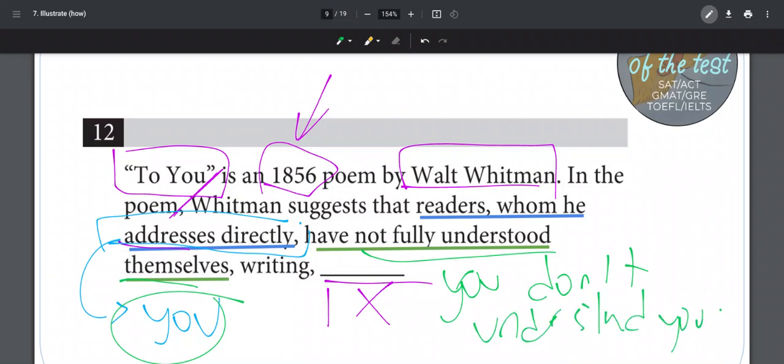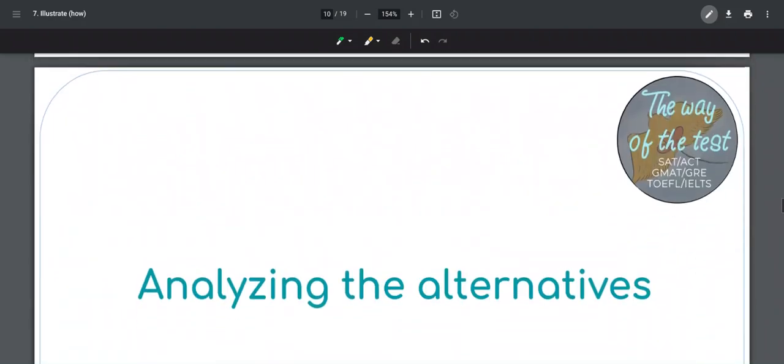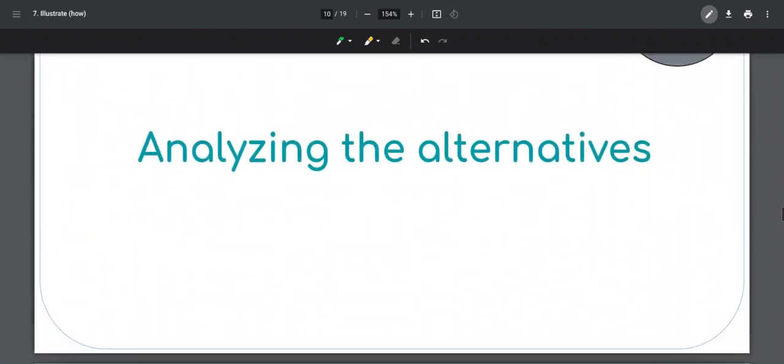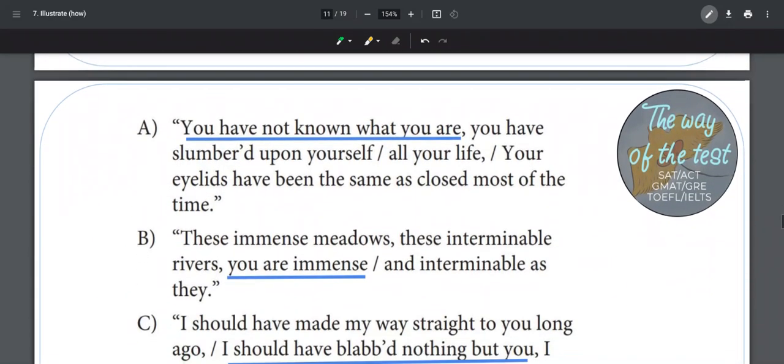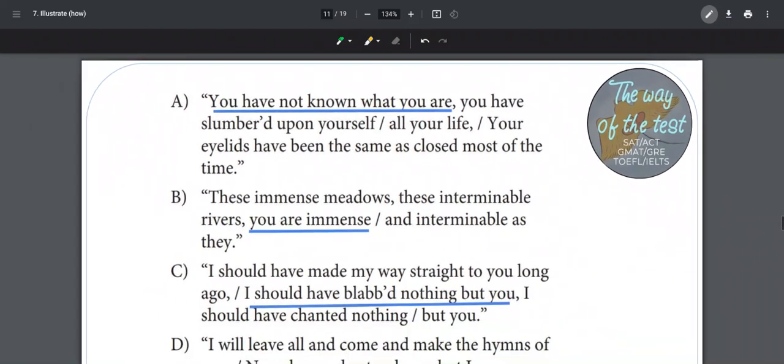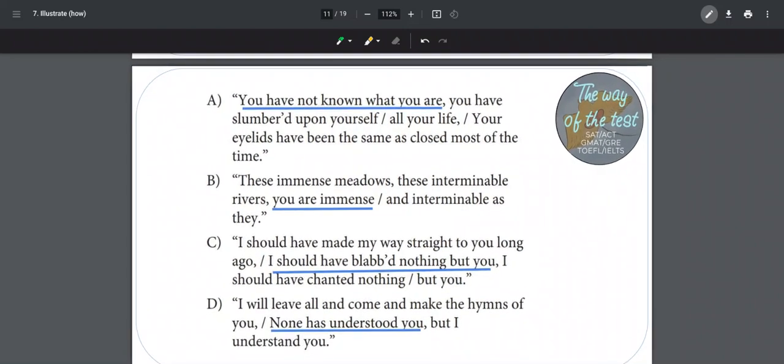Of course, it's not going to literally say that, but we very much want that idea, that the portion of the poem says you don't understand yourself completely or fully. Okay, now we are going to analyze each alternative, again applying process of elimination. Just by looking at the alternatives, we see that in A, they're talking to the reader directly using you.